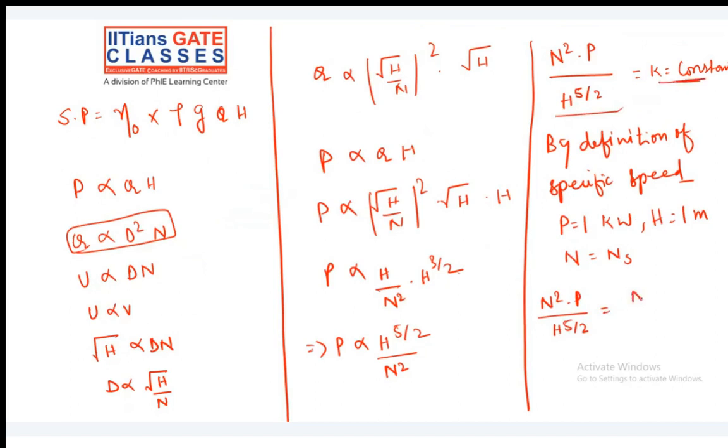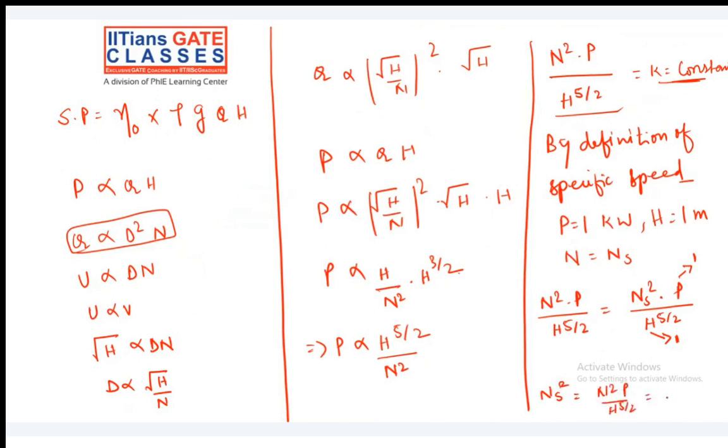So n is ns, so ns square into P upon H to the power 5 by 2. We know that P is 1 and H is also 1, so 1 to the power 5 by 2 is anyway 1. So I am writing down here that ns square is n square P upon H to the power 5 by 2.